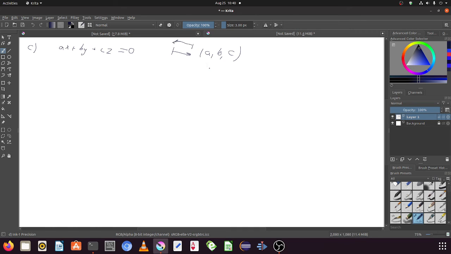So we have some points here lying on the same line. So we have an equation here where these are coefficients and A, B, C are the variables. And they may have other solutions.